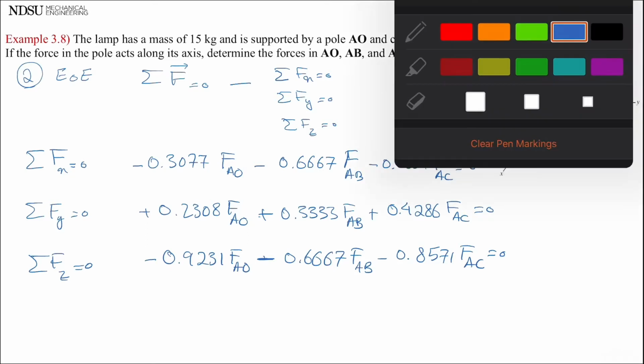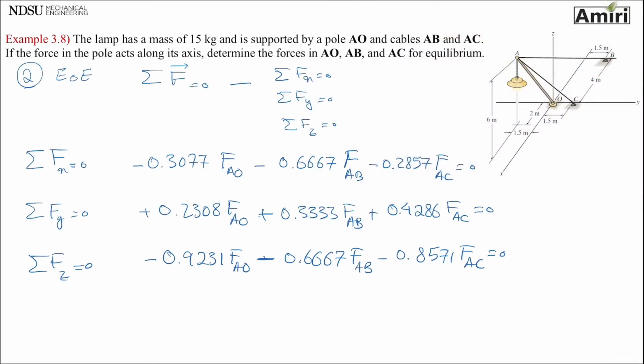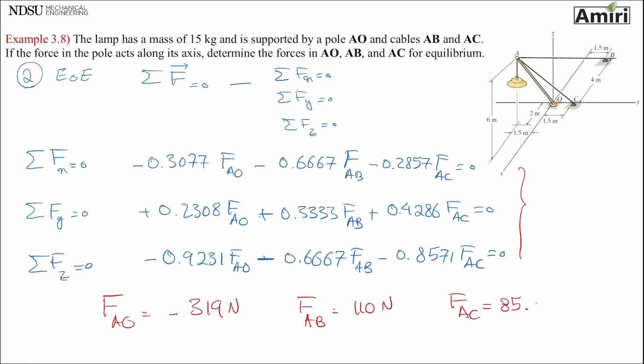3 unknowns, 3 equations. Again, I'm not going to explain how to solve this. It is expected that in this course you know how to solve 2 equations, 2 unknowns, and 3 equations, 3 unknowns. So if you do the final answer in 3 significant figures, I'm going to see FAO 319, FAB 110, and FAC 85.8 newtons.